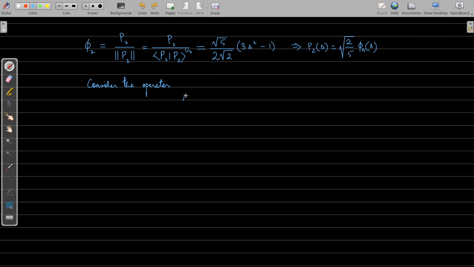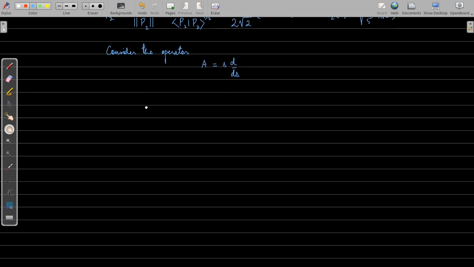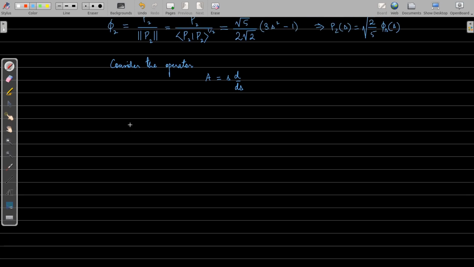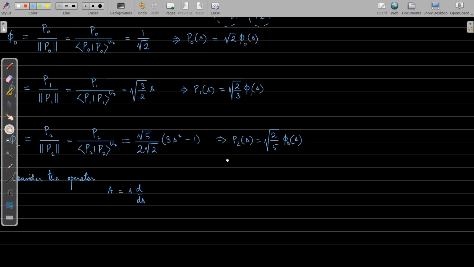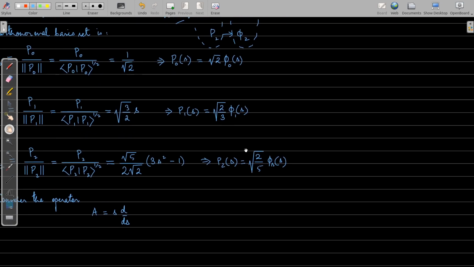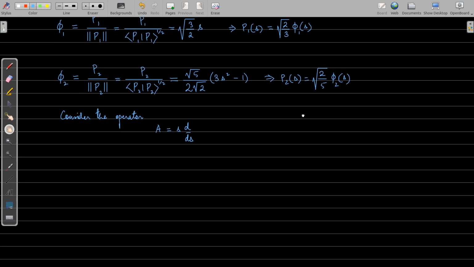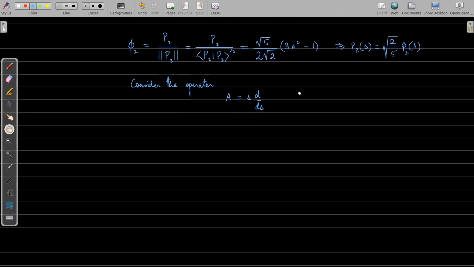Now we know that from these expressions we are able to write P0, P1, P2 in terms of phi 0, phi 1 and phi 2. Sorry, my mistake, this should have been phi 2, not phi s. So we can actually express 1, s and s square.